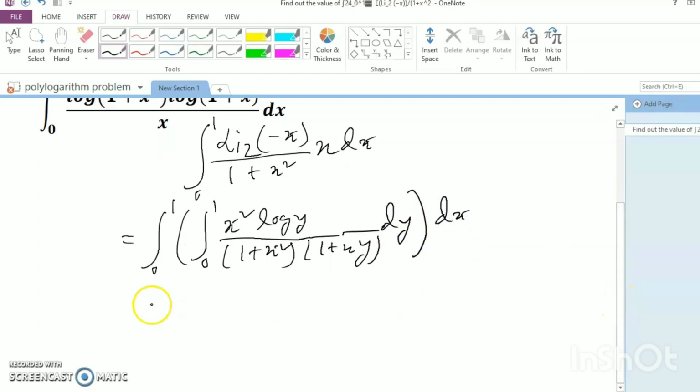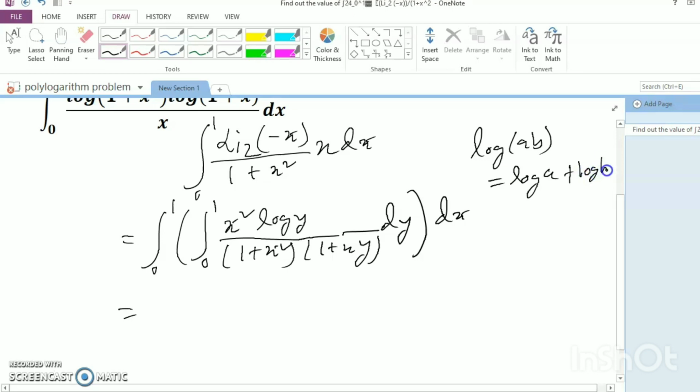Next friends, next I can write, I use the log AB formula: log AB equals log A plus log B. So I can write this formula.